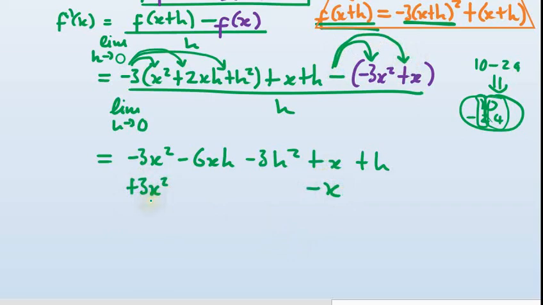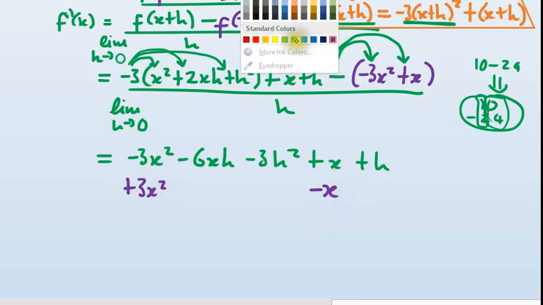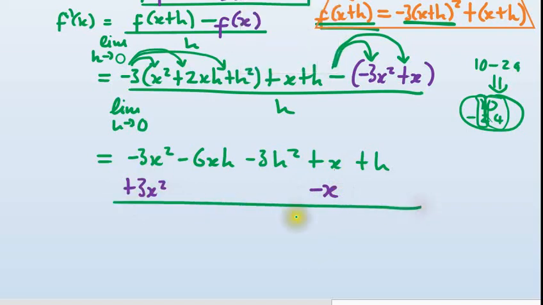All together, and let me not disrespect what we agreed on, so that will be purple. That will be purple as well, and all of this will be divided by an h, where the h is limited to 0. That's our limit as we know.